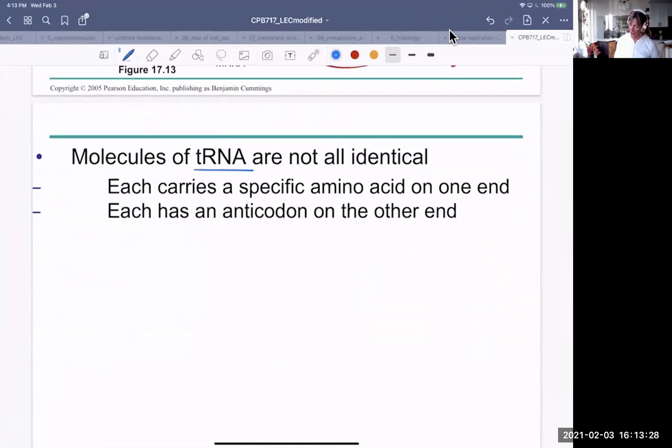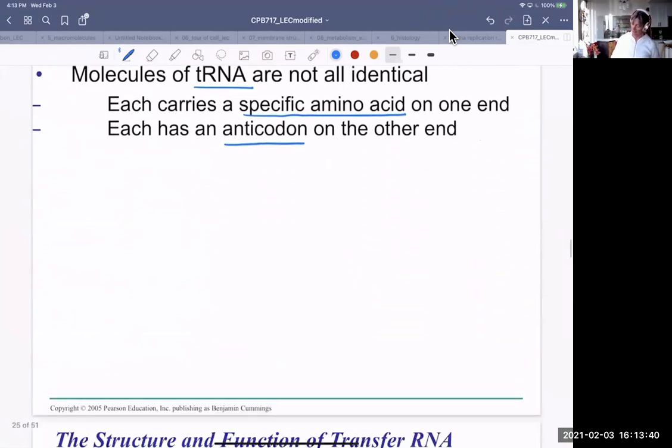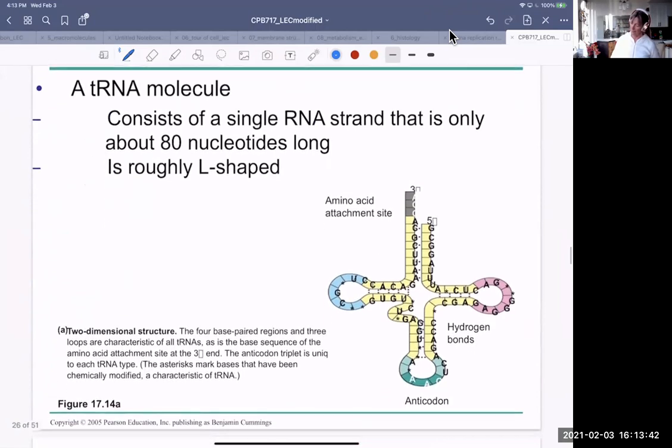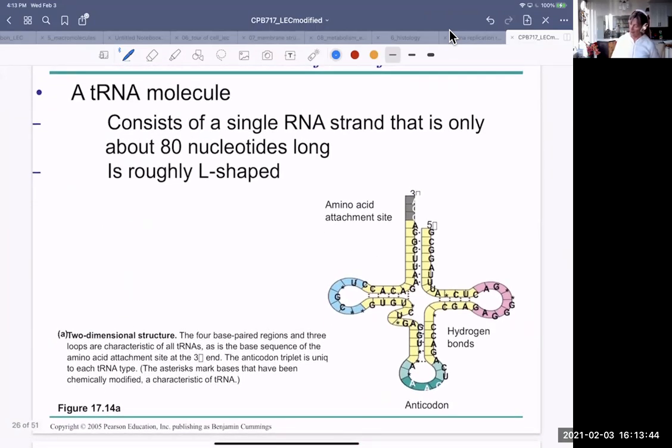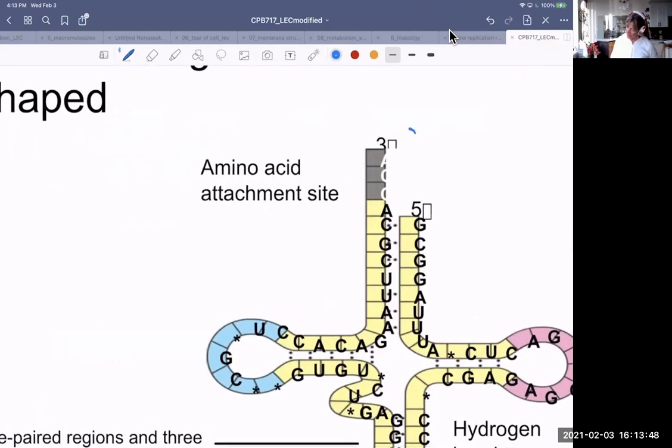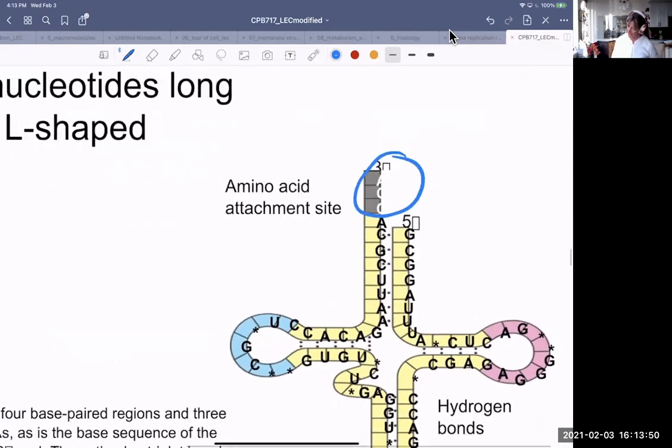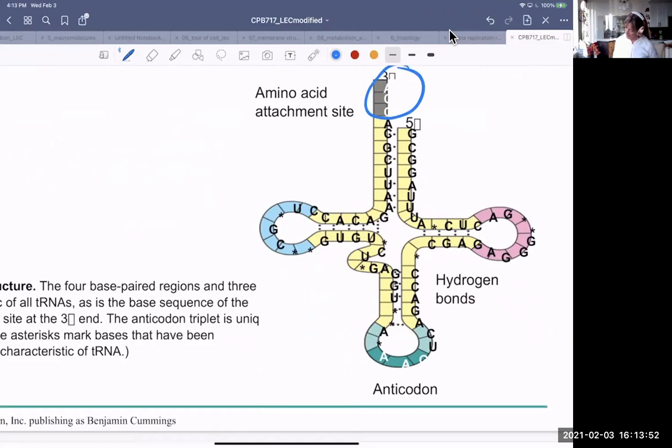These tRNAs, they're not all identical because each one carries a specific amino acid on one end and an anticodon on the other end. That's specific, an anticodon. So here's our RNA molecule. Here's the attachment site for the amino acid on one end. And on the other end is the anticodon.